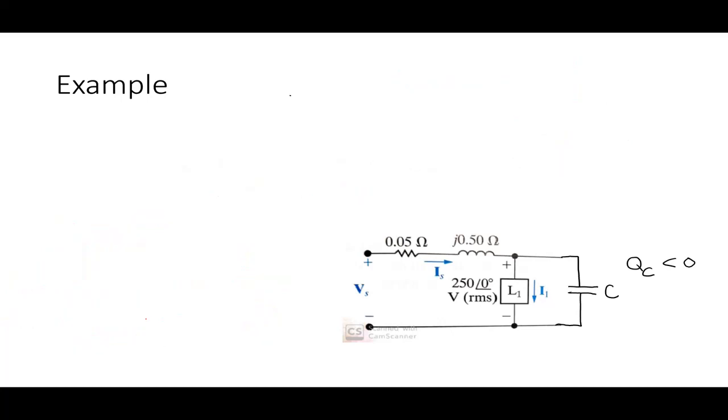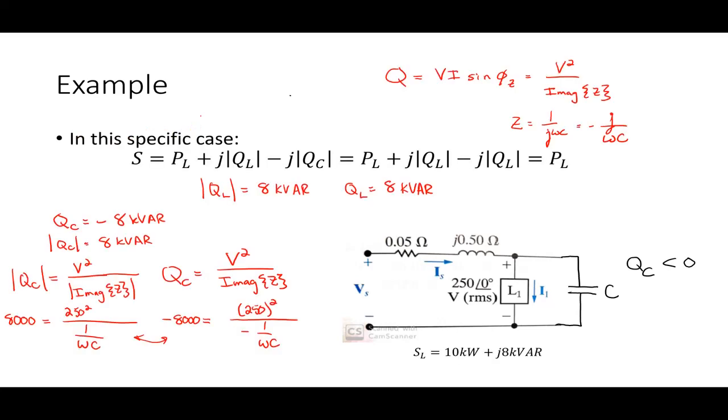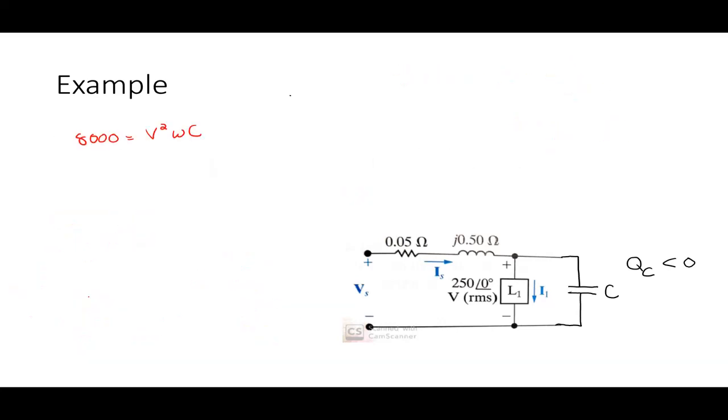Okay, so what I have is 8,000 equals V squared times omega C. I basically just brought the 1 over omega C upstairs and rearranged that. And we said the voltage was 250 volts RMS. Now we haven't been told what the frequency is, but I'm going to tell you right now.